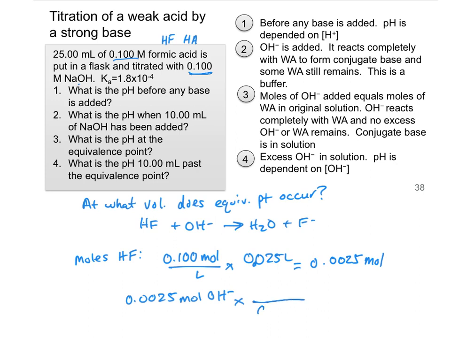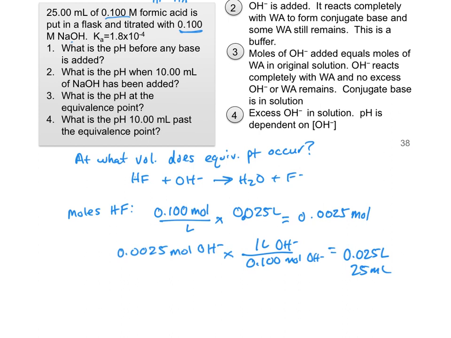So we divide by the concentration, and we'll end up with 0.025 liters, or 25 mL. So we need to add 25 milliliters of sodium hydroxide in order to reach the equivalence point.